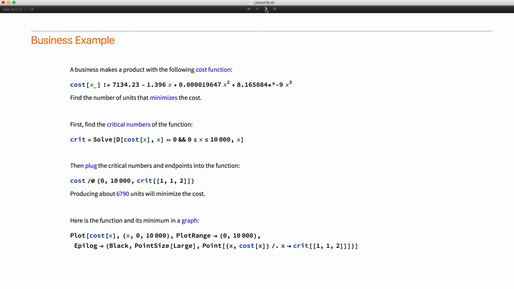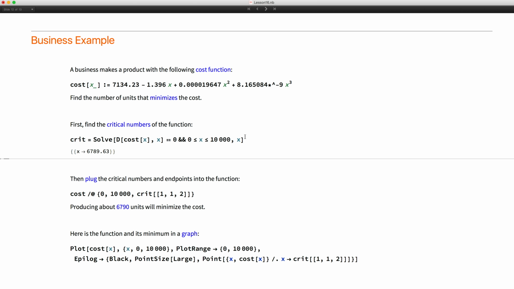So as an application, let's take a business example. You have the cost function for a business, and the question is to find the number of units x that minimizes the cost. So what you do is you find the critical points, and there's just one over here. It's about 6,790.